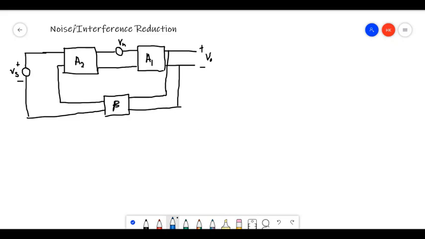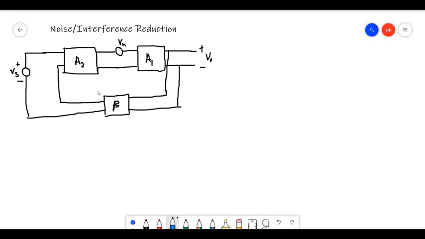Let's see how this noise interference reduction is done. In this case there is a certain condition: we should be able to add a clean amplifier in front of this amplifier. A clean amplifier is an amplifier which has no effects of noise at the input, right? If we can add an amplifier like this, we can reduce this noise or interference.